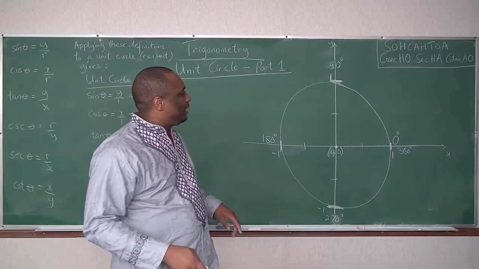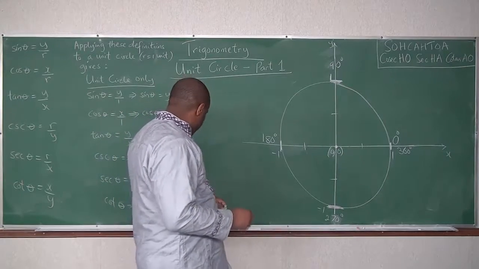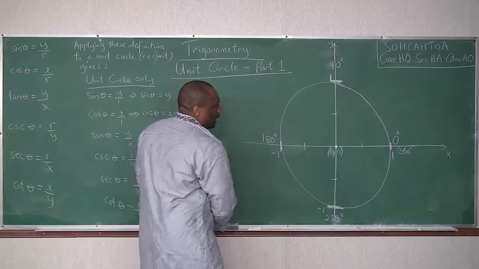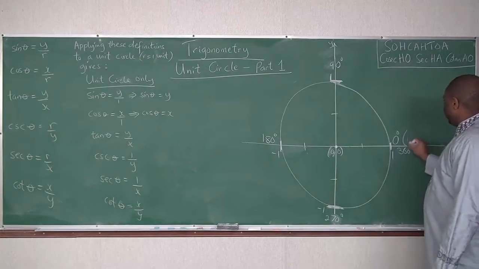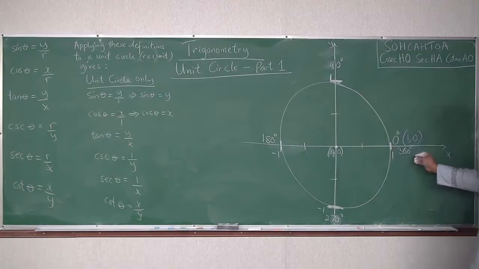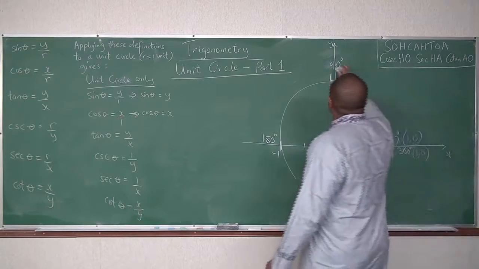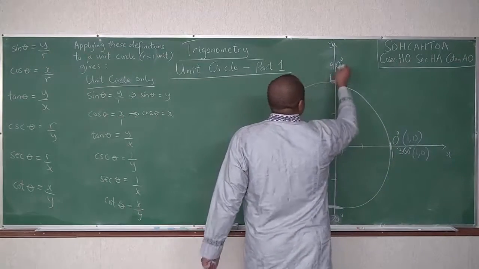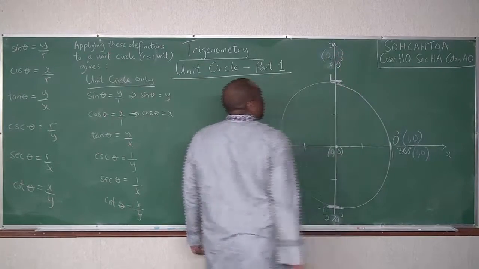Let's go ahead and write their coordinates. Let me use another chalk to write their coordinates. I hope you see this chalk. Of course, the coordinates of this is 1 and 0. This is also 1 and 0. The coordinates of this is 0 and 1.